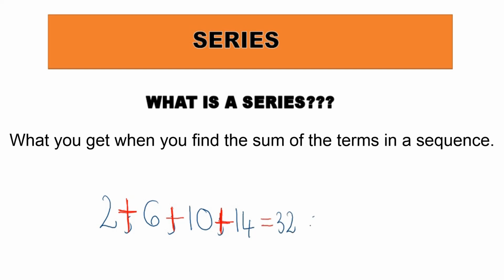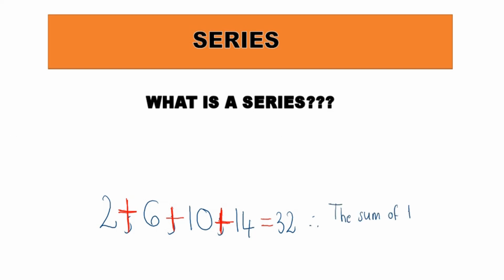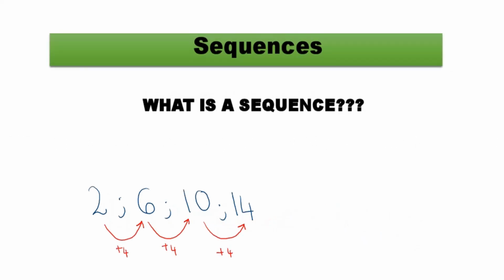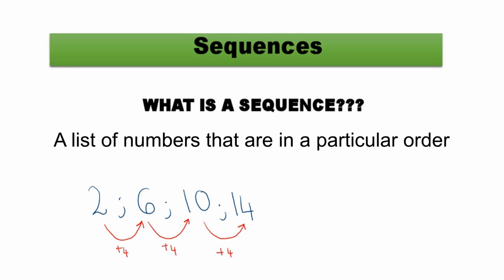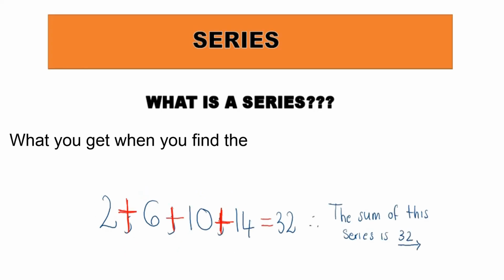Okay, therefore the sum of the series is 32, right? So a sequence is a list of numbers that are in a particular order, and a series is what you get when you get the sum or when you add the terms of a sequence.